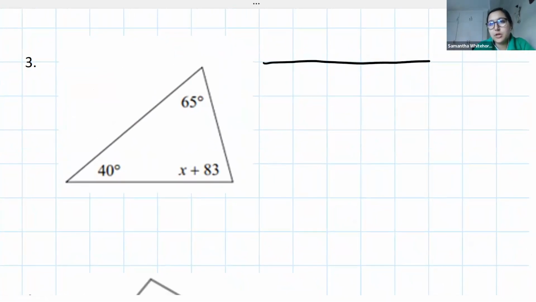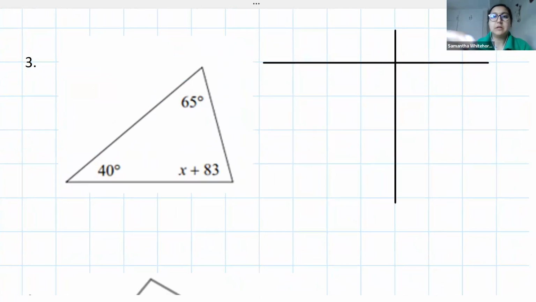I want you to try it by yourself to start off with. Remember all we're doing is solving for x. Statement with a reason. You have a triangle, so use the reason that we've learned, the reason that you know. I'll give you a minute or two, and then we will have a look at the answer.